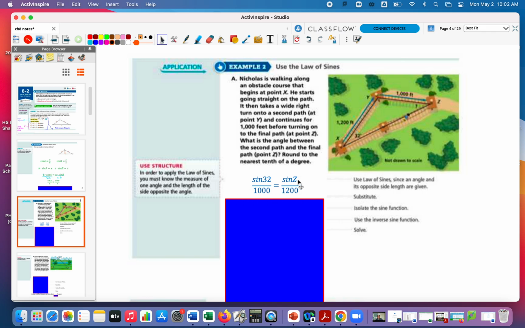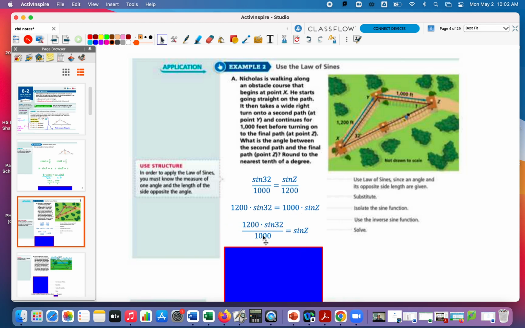Solve this how you want to. Some people just like to multiply by 1,200 on both sides. I kind of like getting used to the idea of just cross multiplying in this situation, because often you have denominators you're solving for and whatnot. So solve it however you want to. But basically 1,200 times sine of 32 equals 1,000 sine of Z. I'm also going to have to end up dividing by 1,000 to get sine of Z here. This will just be a number you can put in your calculator. Leave that entire answer in there because we want to try to be as precise as possible.